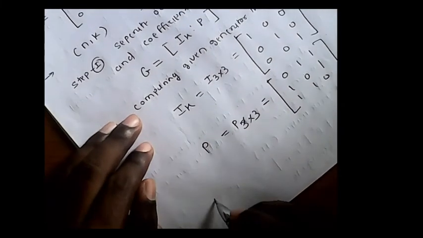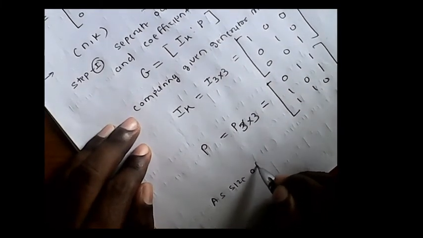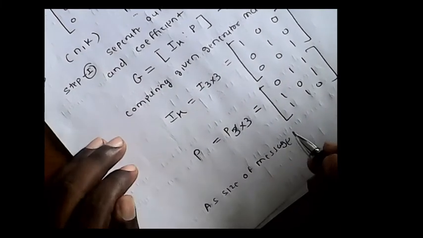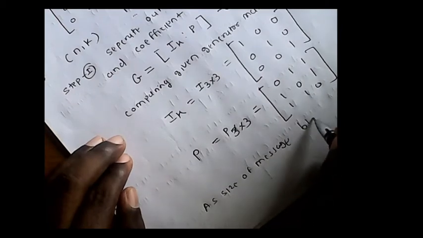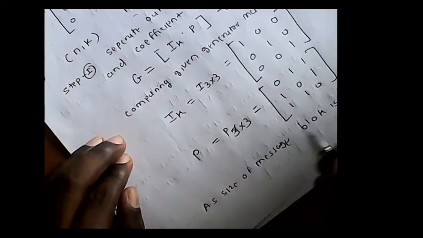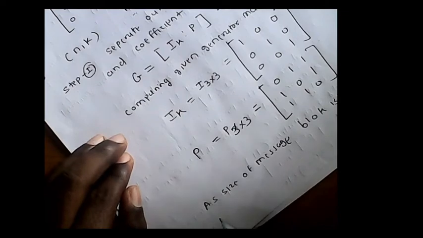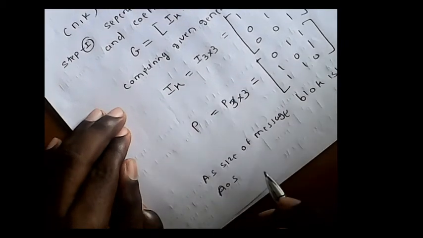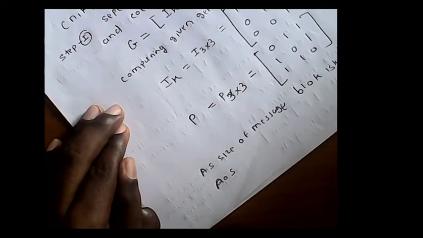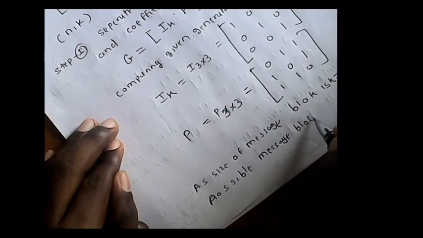As the size of the message block is 3, k is equal to 3, the possible message blocks are 2 raised to the power k.